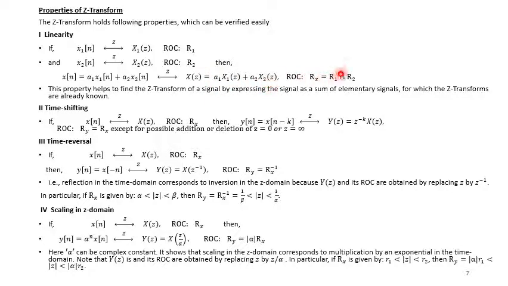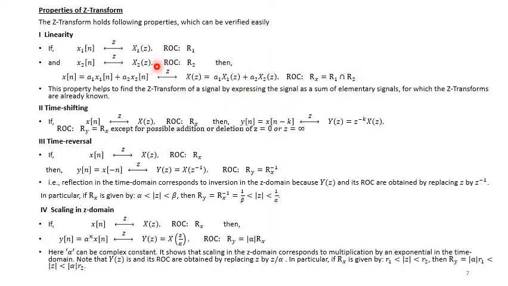And now we come to the ROC, because the mathematical expression alone is not enough for the complete description of the signal or the response of the system. We also need the ROC. So how about the ROC? The ROC of the resulting signal will be the intersection of the ROCs of the individual signals.